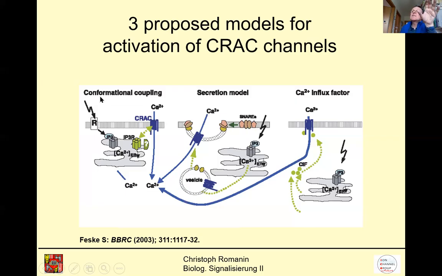Let me say, this is a sort of conformational coupling, because we already heard it maybe in terms of calcium channels, where calcium channels show a conformational coupling with ryanodine receptors in the sarcoplasmic reticulum.